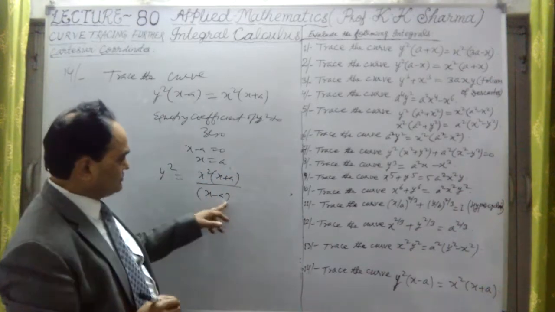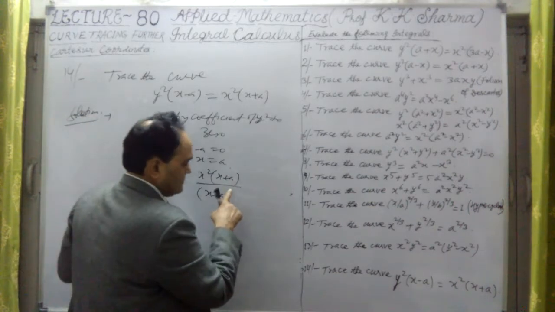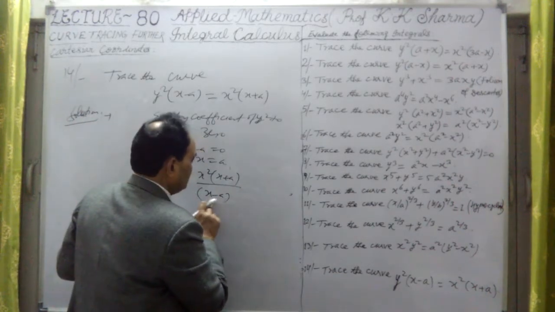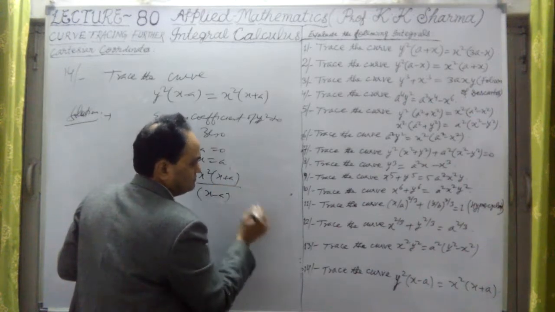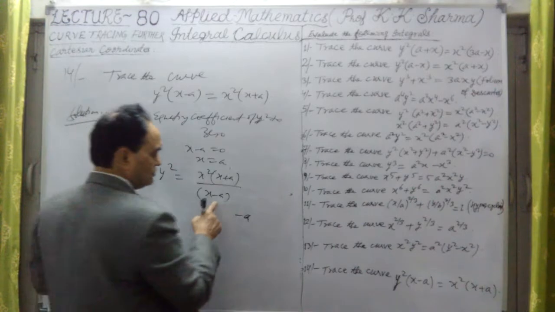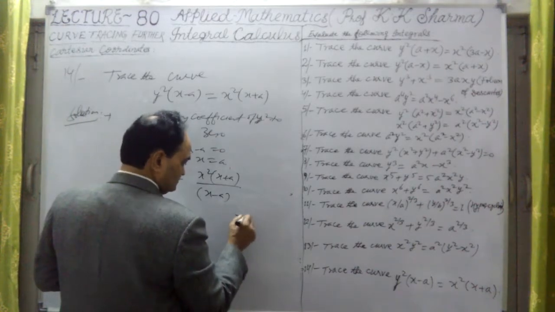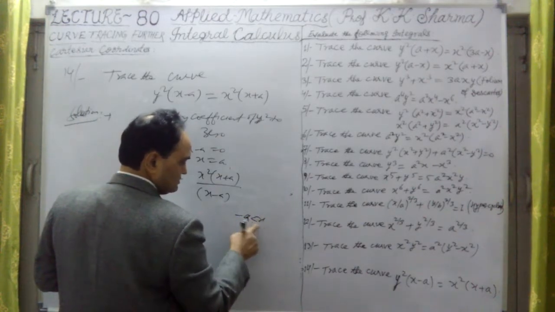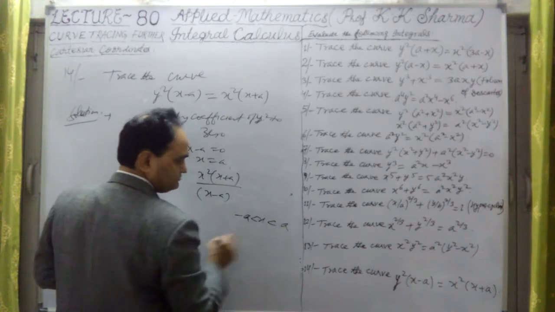Okay, from this I see that between the points minus a to plus a, there is no curve. Curve will not exist for x greater than minus a and less than a.